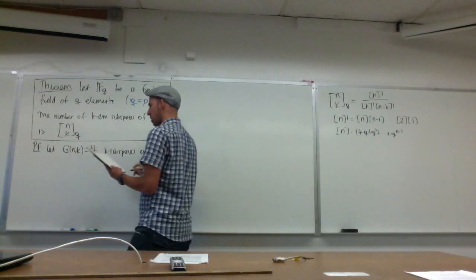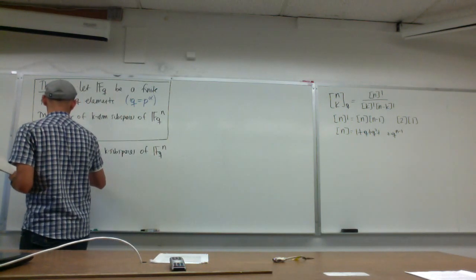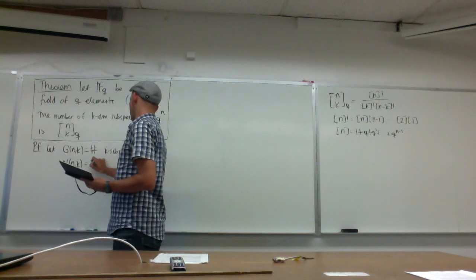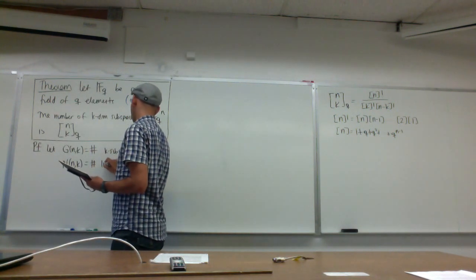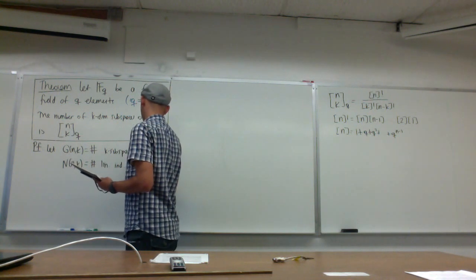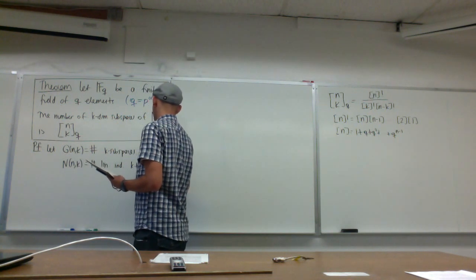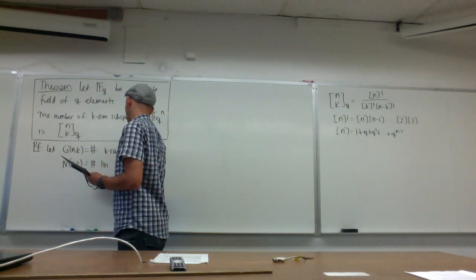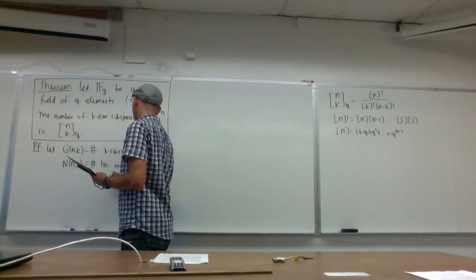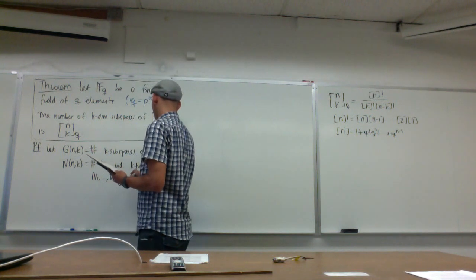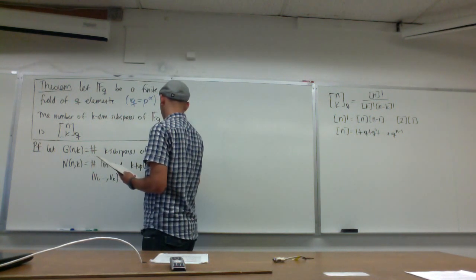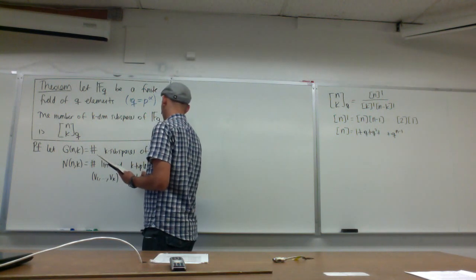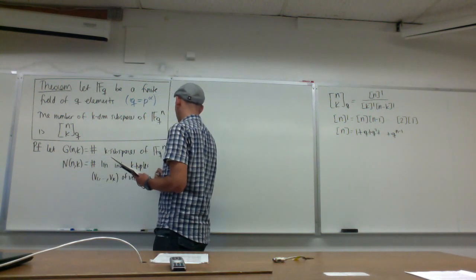And let N(n,k) be the number of linearly independent k-tuples b1 up to bk of vectors in F_q to the n.